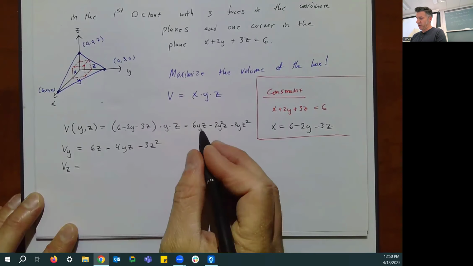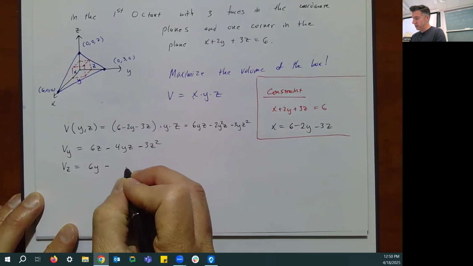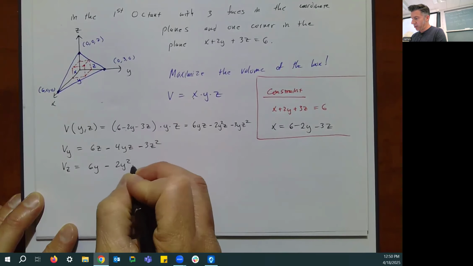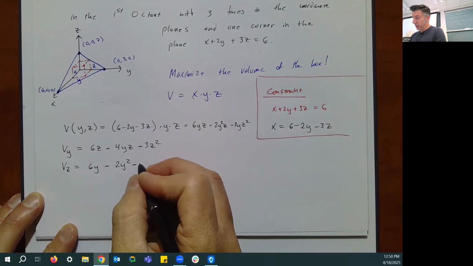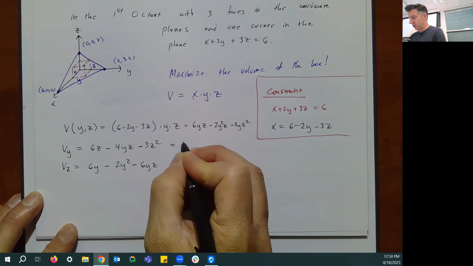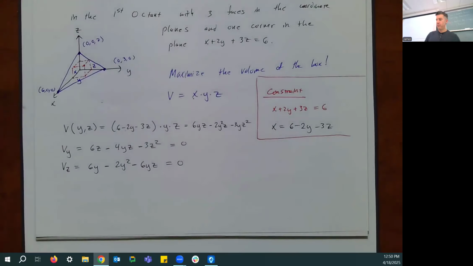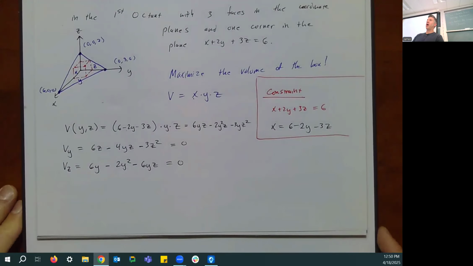Our other partial derivative is going to be 6y minus 2y squared minus 6yz. We're going to set both of those equal to 0. They both look equally complicated, so I'm just going to deal with the first one.